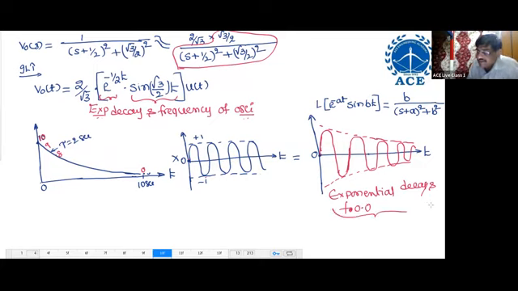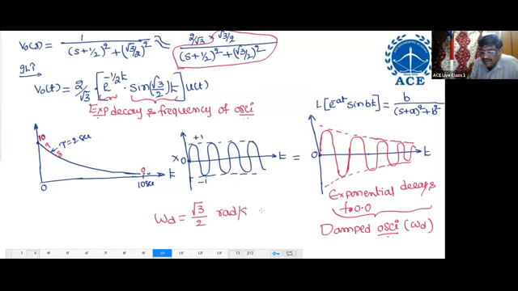Frequency of oscillations, which are called damped oscillations, denoted by omega d. What is omega d? Omega d equals root 3 by 2 radians per second.